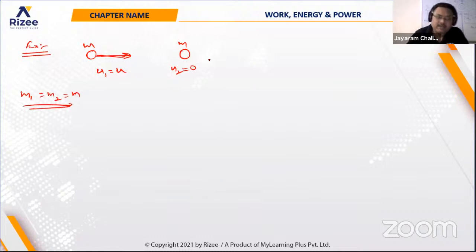So this has been colliding. Then what will happen after the collision? Let this axis represent the x-axis and let this represent the y-axis of the collision.